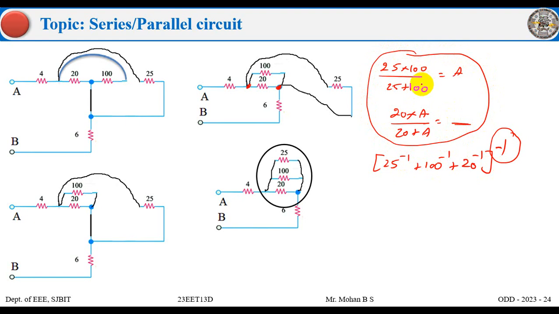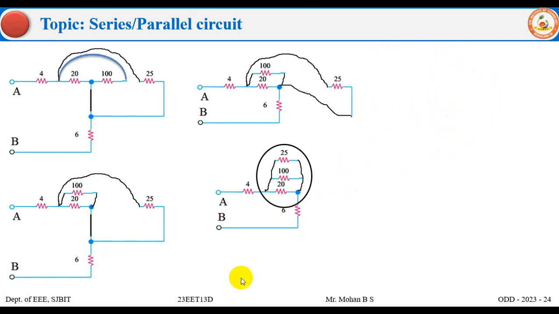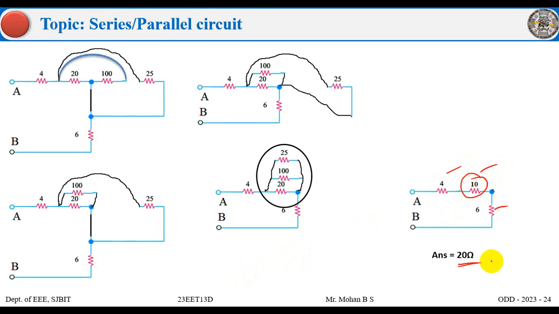If you have 4 elements in parallel, you'll have n minus 1, that is 3 steps. Whereas by this method, you have one single step for the solution. So by solving this, the answer is 10. So 4, 10 and 6, all these three are in series, which gives us 20 ohm.